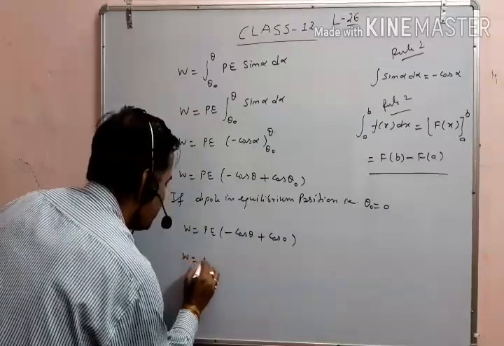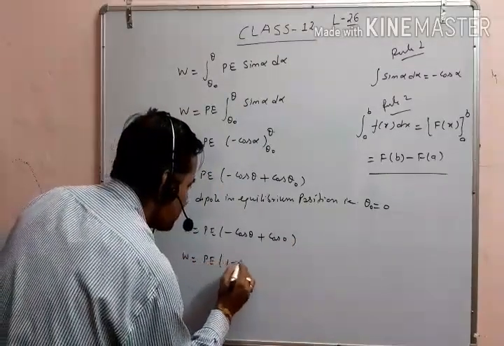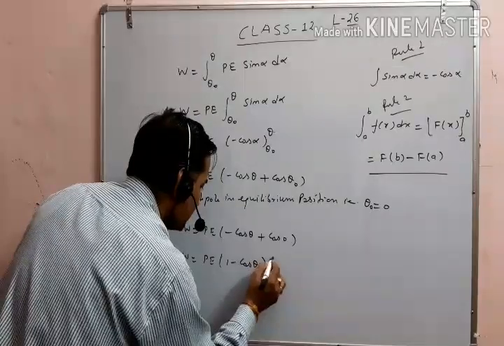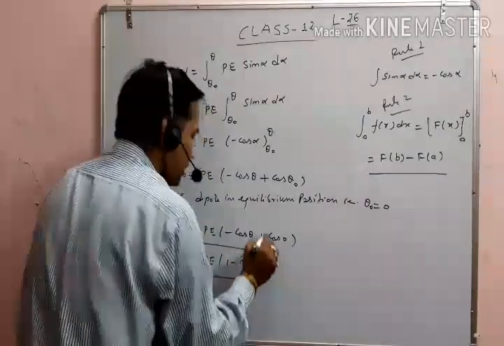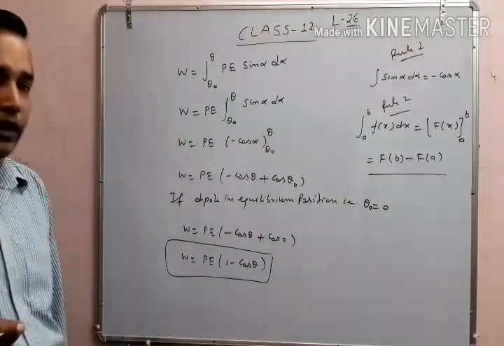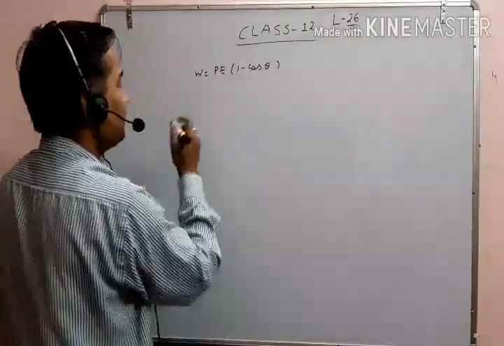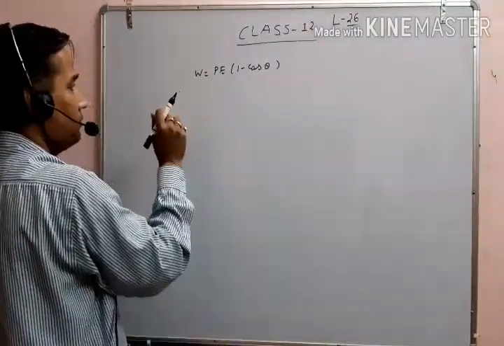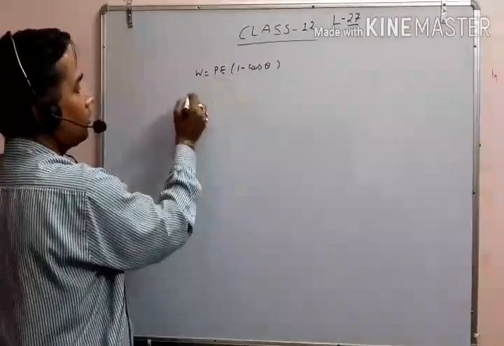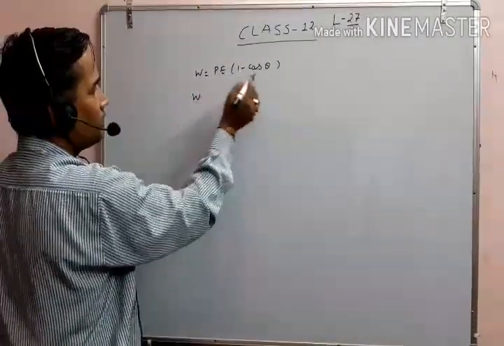So W is equal to PE times 1 minus cos theta. This is another property. Okay, any doubts? Clear? So work done will be PE times 1 minus cos theta.